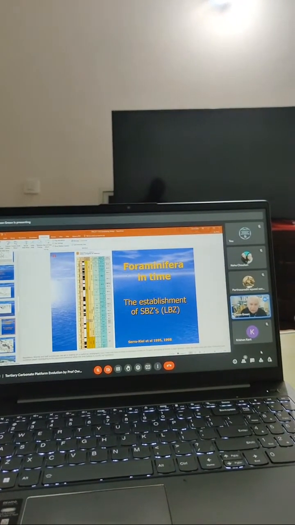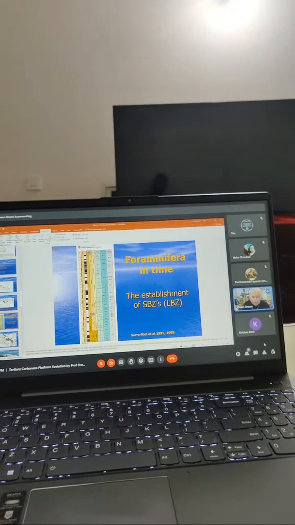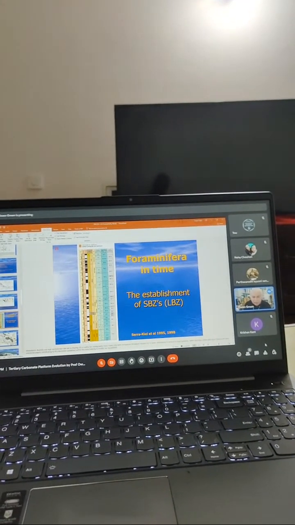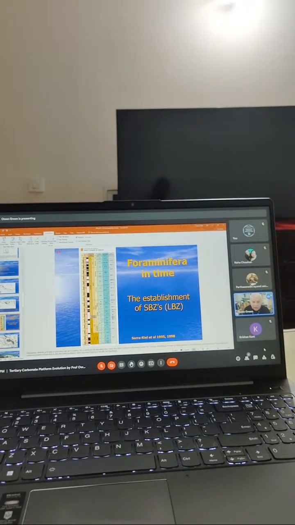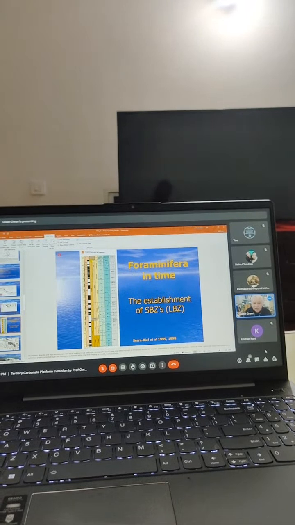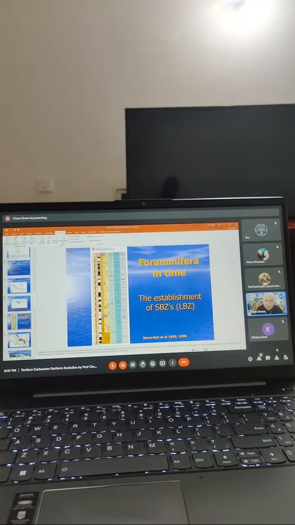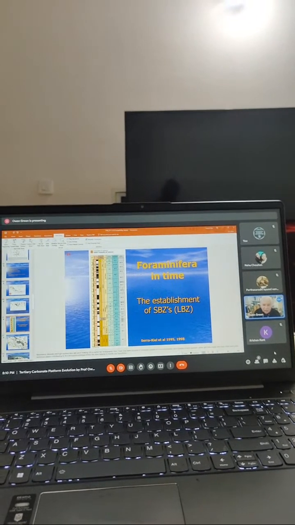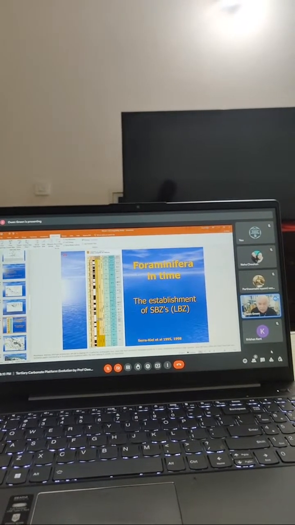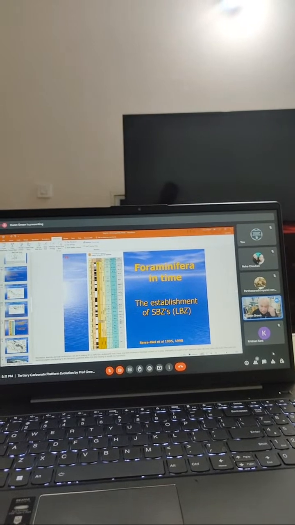We've got typical ones which have been used in biostratigraphy before, the planktonic foraminifera here, the calcareous nanoplankton here, and then to this, 25 years ago now, was added the shallow benthic zonation scheme.